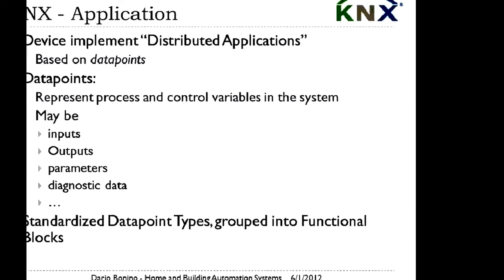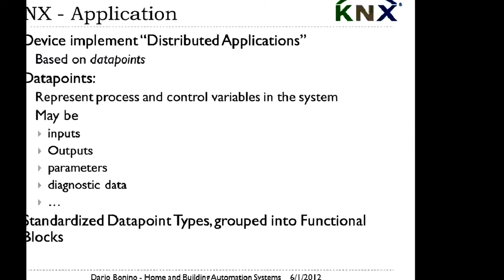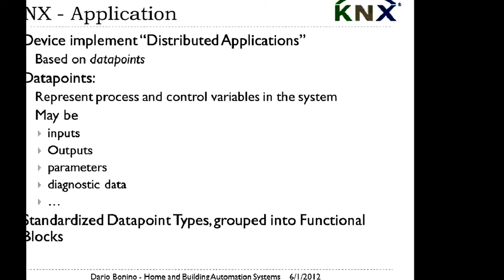And these data points are not arbitrary, so the vendors are not allowed to invent new data points every time, but they are standardized. They are defined by the standard, and every device can only expose a subset of data points depending on the kind of device. So if you have a meter, basically all the meters will have almost the same data points.